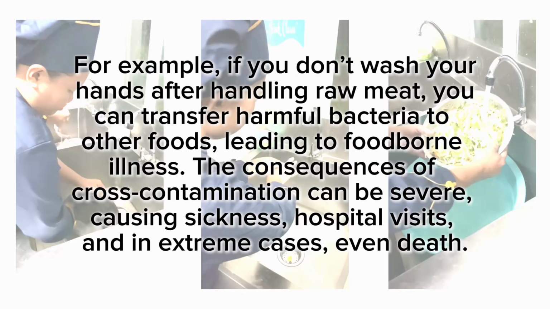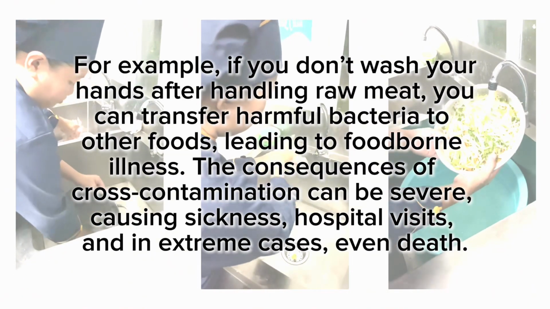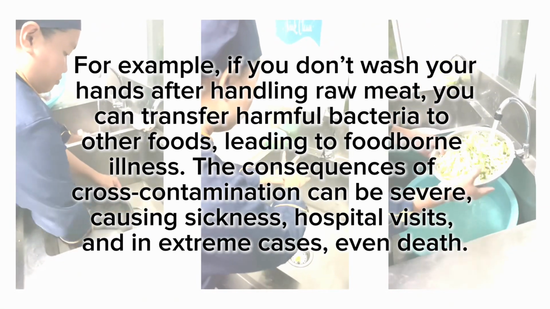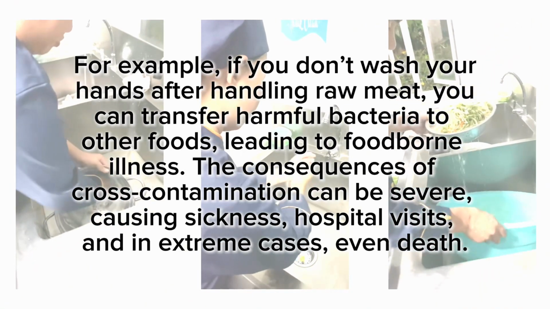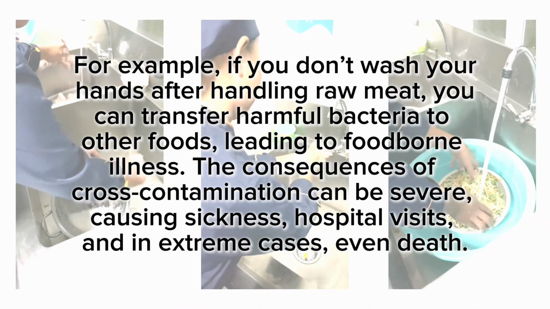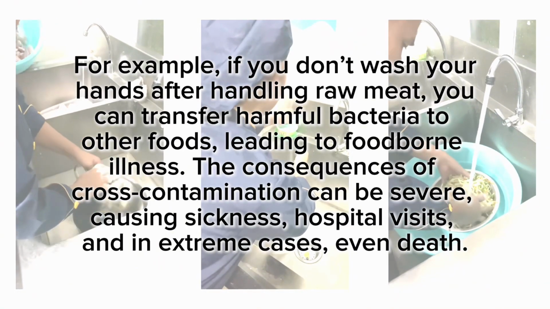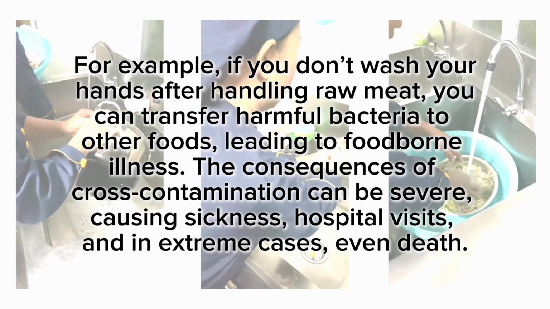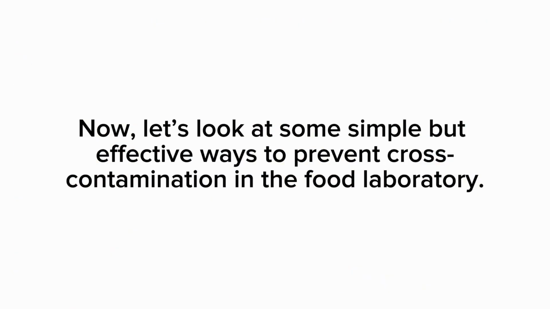For example, if you don't wash your hands after handling raw meat, you can transfer harmful bacteria to other foods, leading to foodborne illness. The consequences of cross-contamination can be severe, causing sickness, hospital visits, and in extreme cases, even death. Now, let's look at some simple but effective ways to prevent cross-contamination in the food laboratory.